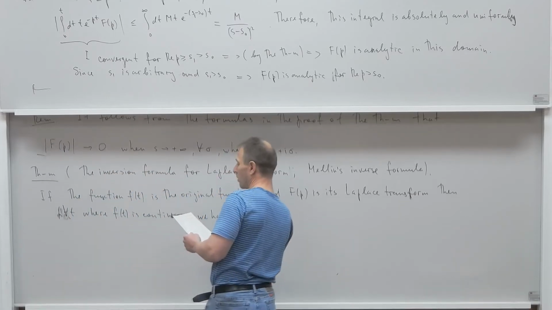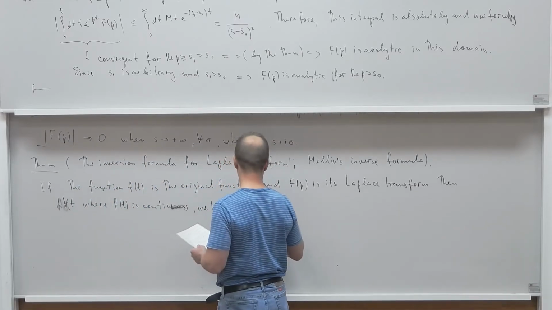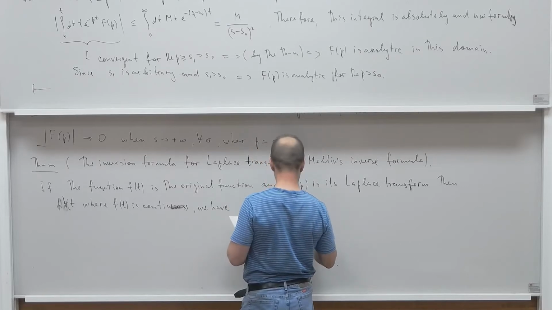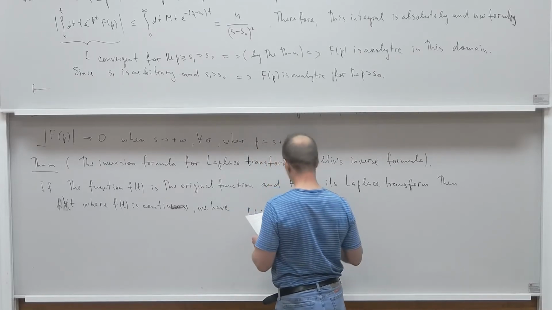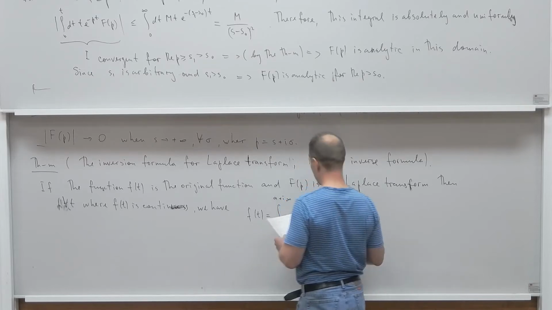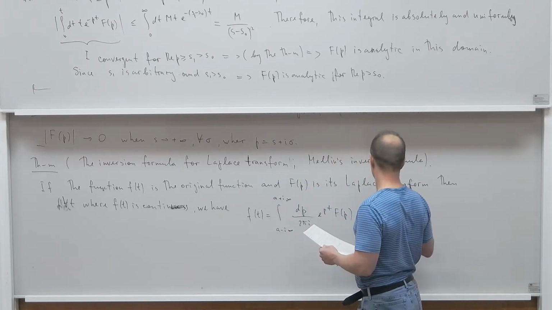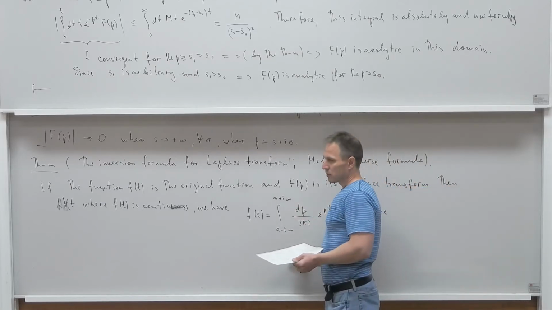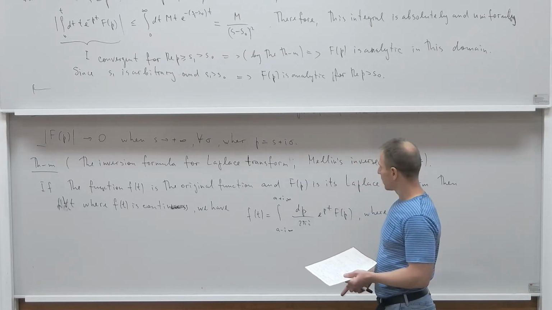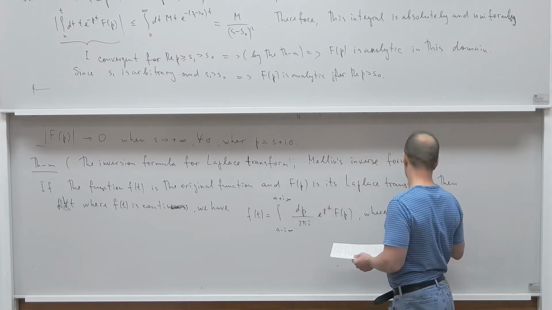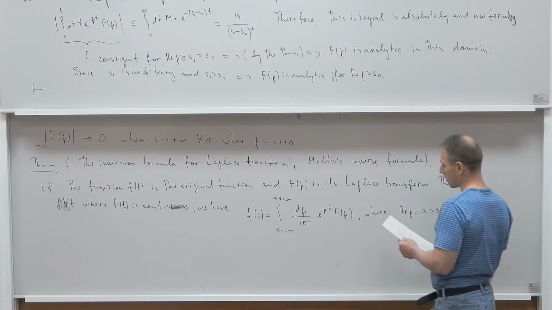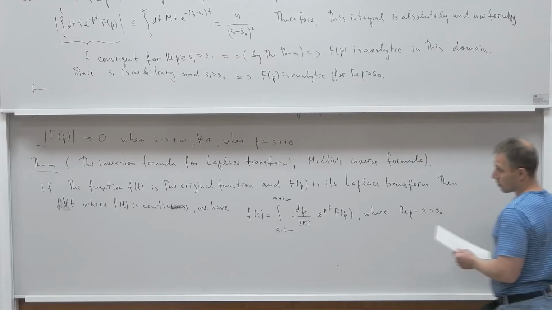We have the formula for the original function f of t. It is given by the following integral in the complex plane, where the contour of this integral runs parallel to the imaginary axis along the line real part of p equal to a greater than S0, from bottom to top.